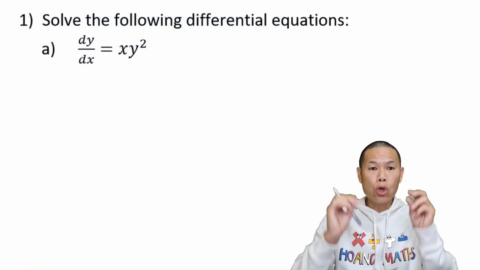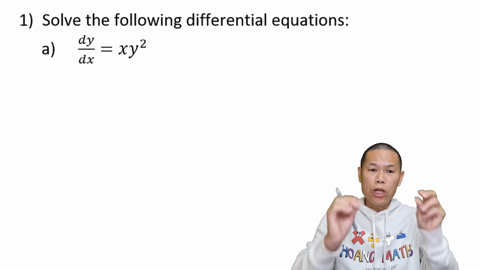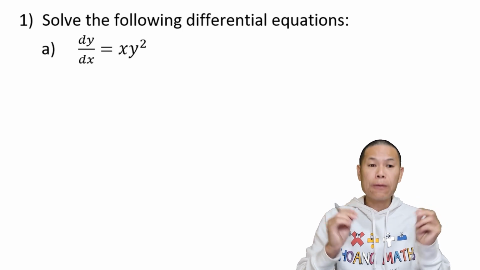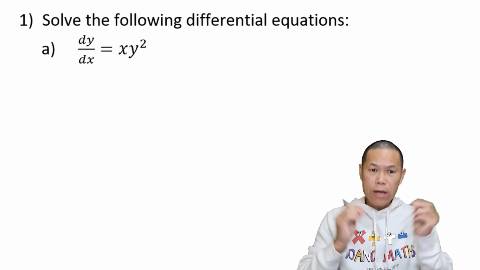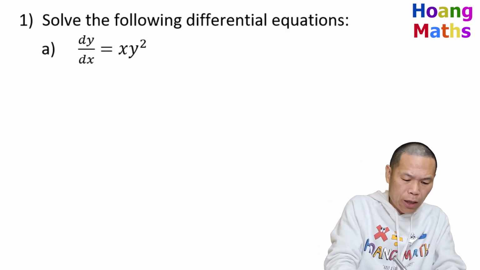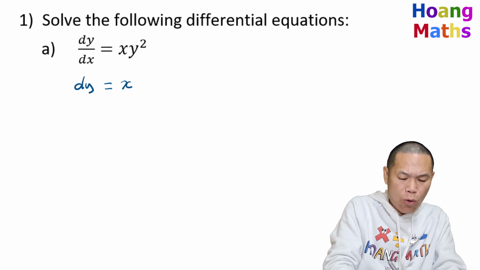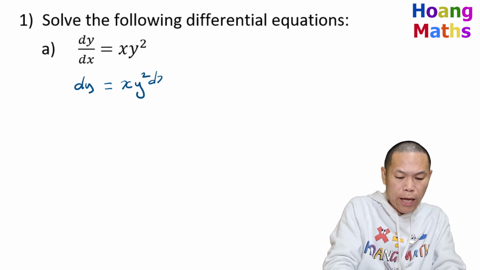First one, to solve these kinds of differential equations, we need to separate dx with x and dy with y. So let me just times dx first. So that is dy is x y squared dx.